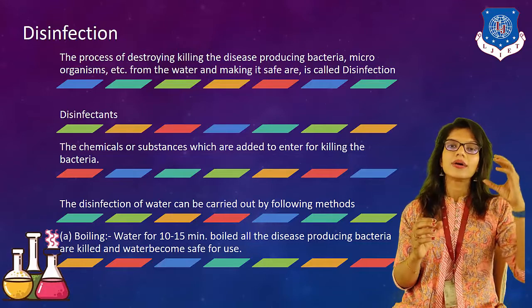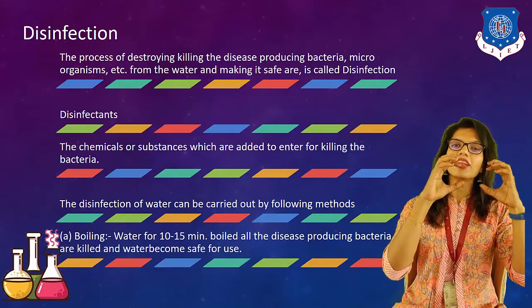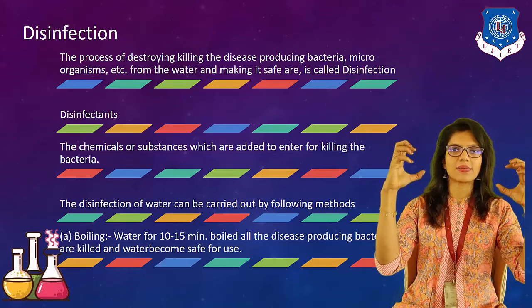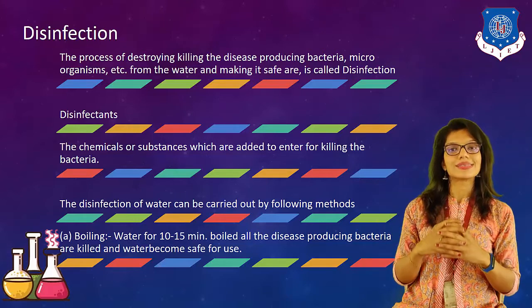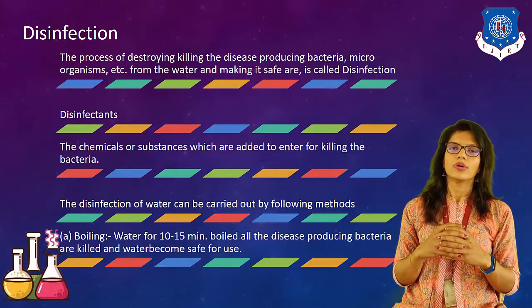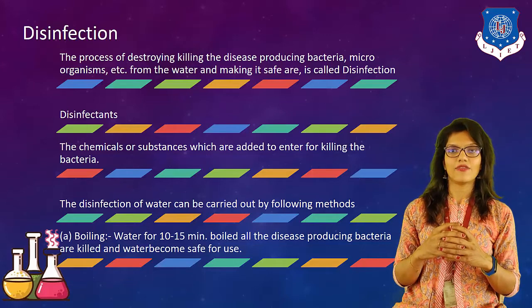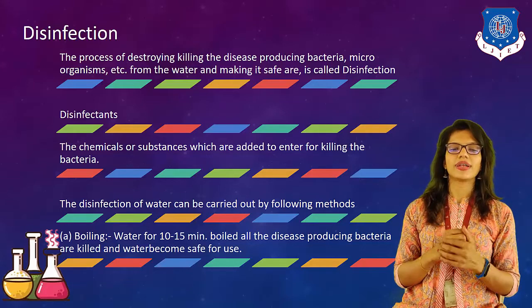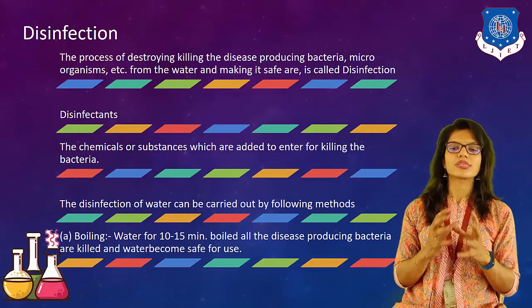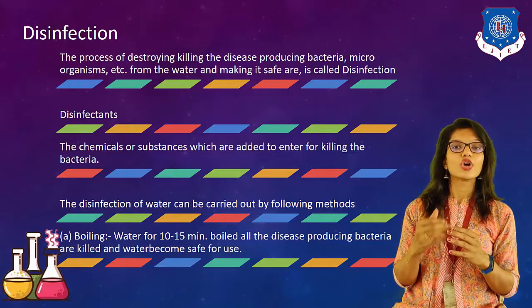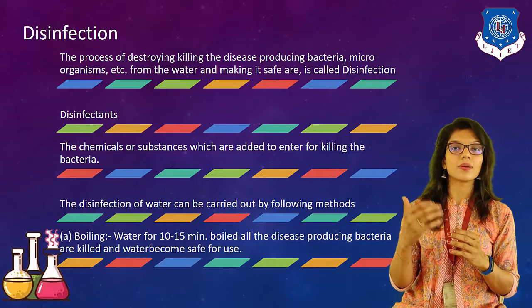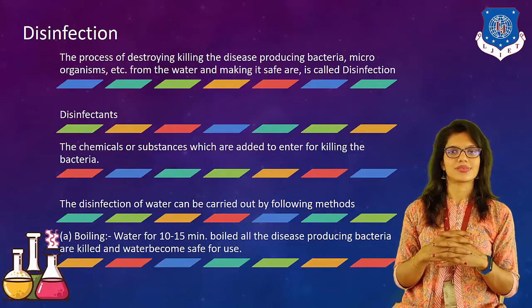That means removal of infection. The bacteria are separated and the water is separated. Now, what are disinfectants? Disinfectants are the chemicals or substances which are added in order to kill the bacteria or pathogens.